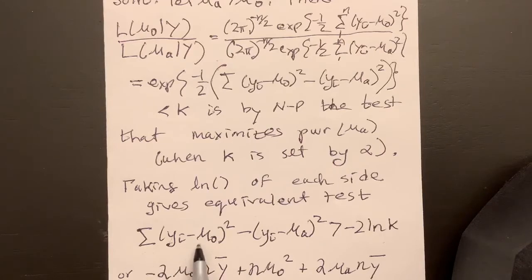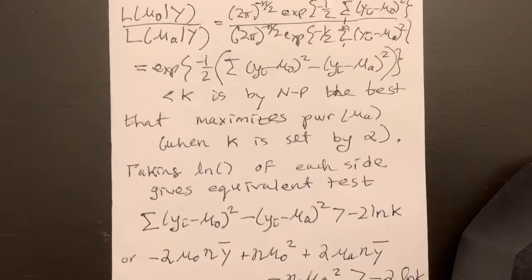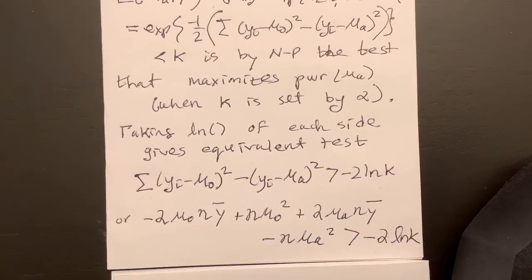I'm applying the sum. And here I get +2 mu a n y bar, because there are two minuses, and minus n mu a squared. And this side didn't change. I just carried out that, squared everything out, and combined them.